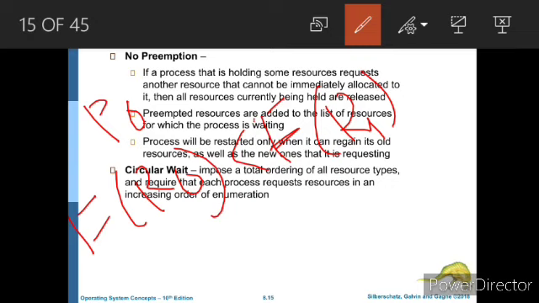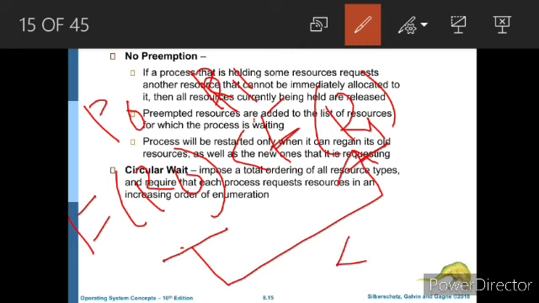Next, process P1 is waiting for resource type R1 and it is holding resource type R2.